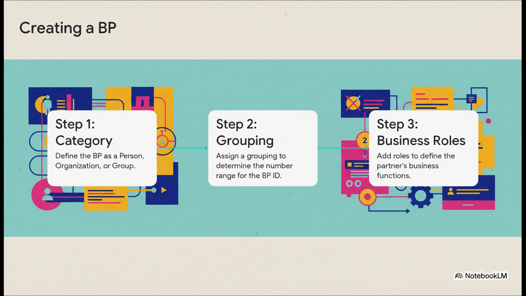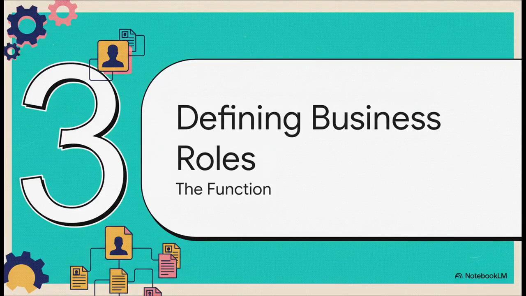Like, does the system assign it automatically, or do you type it in manually? But it's this third step where the magic really happens. You add business roles to define what this partner can actually do. You see, a business partner is just a shell without a role. The roles are what give it function and meaning inside your business processes. They're basically the keys that unlock all the specific capabilities.